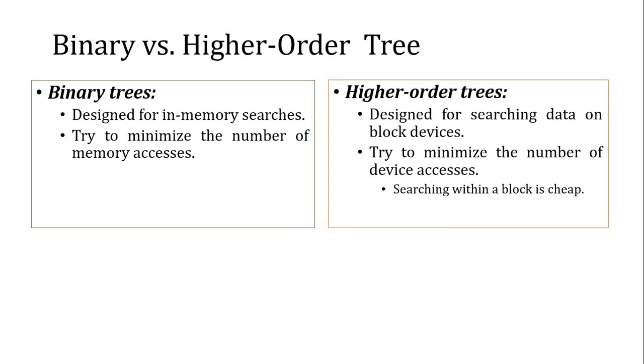Whereas higher order trees, that means having more branches than two, are designed for searching data on block devices, trying to minimize the number of device accesses. Searching within a block is cheap, and this block type of memory usage increases the efficiency of the computer's searching methodology.